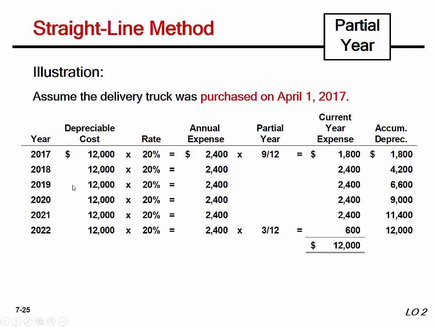Again, just like we did on the top row, 12,000 times 0.2, or 12,000 divided by 5, equals an annual amount, but then times 3/12, or times 0.25, would give us a final journal entry of 600 to depreciation expense and an increase to the accumulated depreciation of that 600 as well, to leave us sitting at accumulated depreciation of 12,000, like we've talked about.